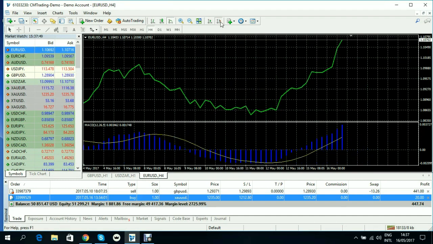MACD works. It is important to confirm with different time frames to see the bars above the center line or the zero zone to be certain of a buy trend, and likewise the sell trend too.